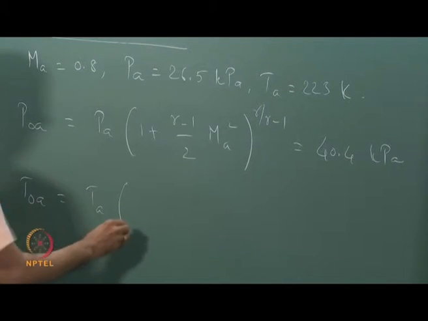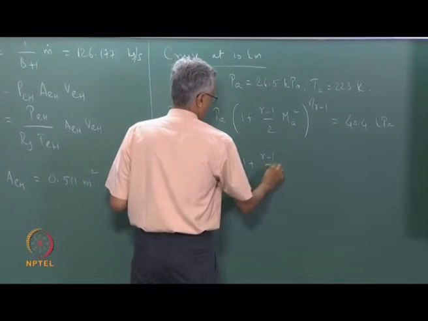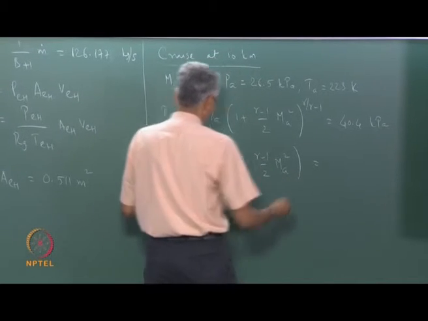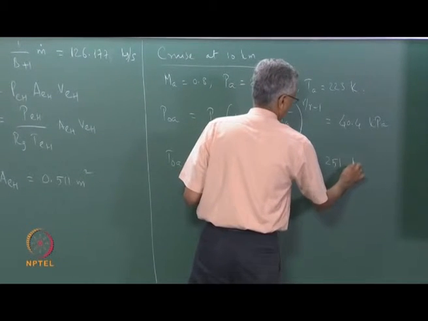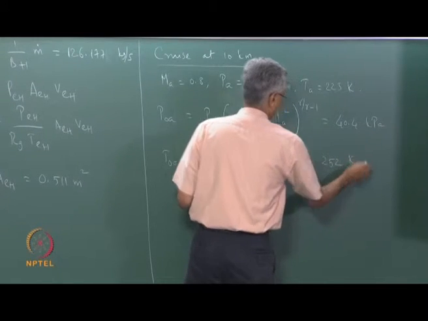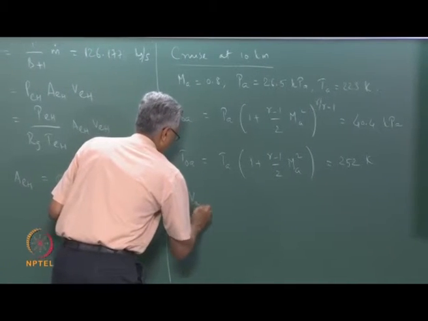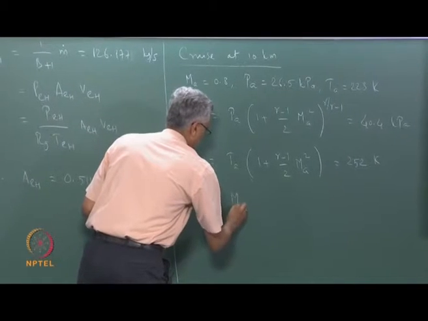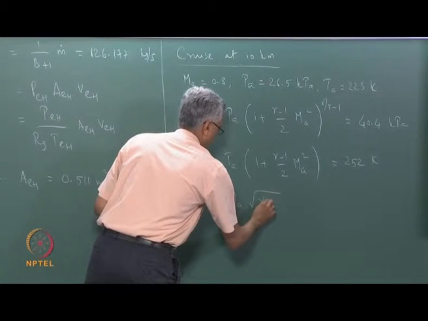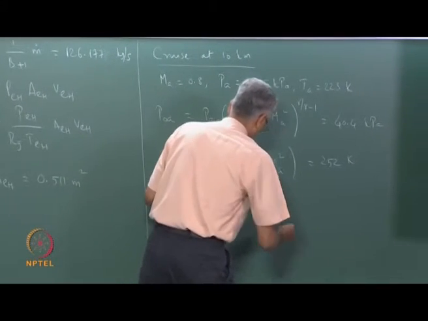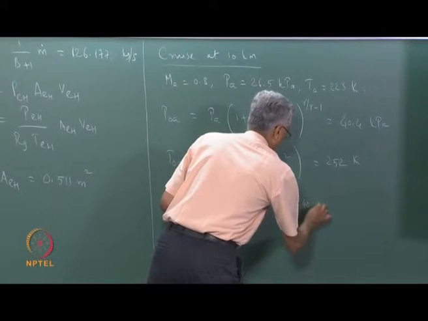T0A is equal to T_A times (1 plus (gamma minus 1) over 2 times M_A squared), and this comes out to be 252 Kelvin. And the free stream speed V_A can be calculated as M_A times square root of gamma R T_A, and this comes out to be 240 meter per second.